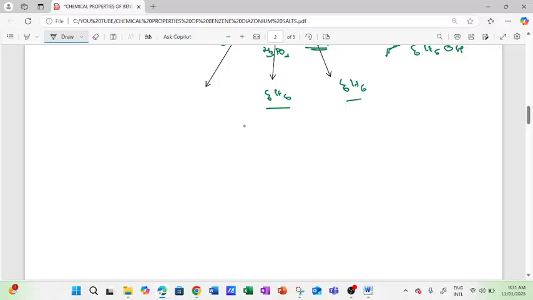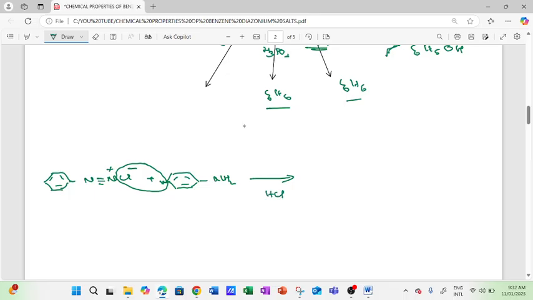We start with the benzene diazonium salt. For that I am drawing the benzene ring to understand the reaction. Benzene diazonium salt has N2+Cl-, and that N2 has a triple bond, N triple bond N, with Cl-. This reacts with aniline, C6H5NH2. During the reaction, in aniline, the para position carbon has a hydrogen. That hydrogen eliminates with this chlorine as HCl, minus HCl under the arrow.